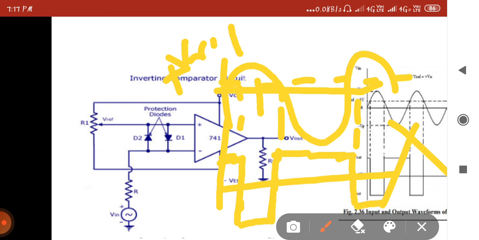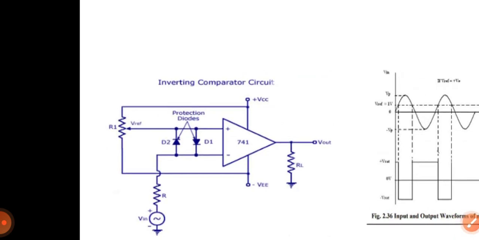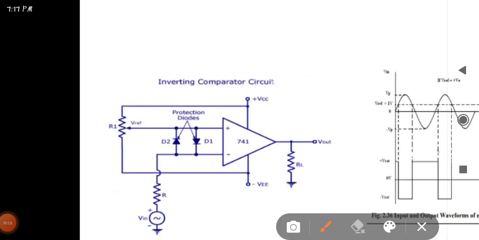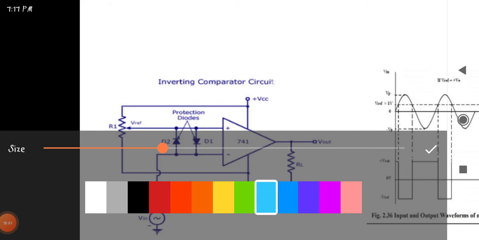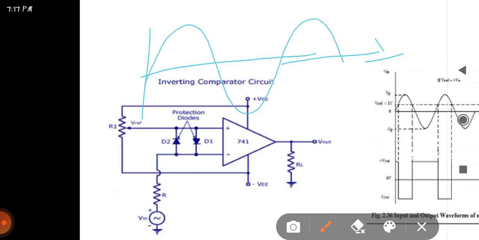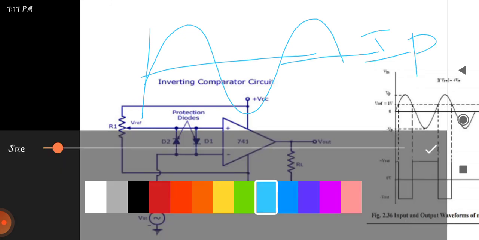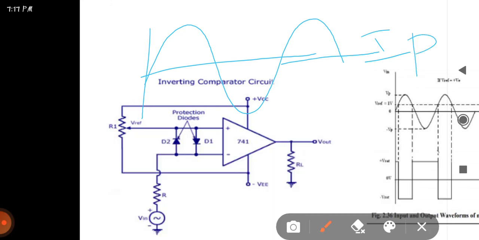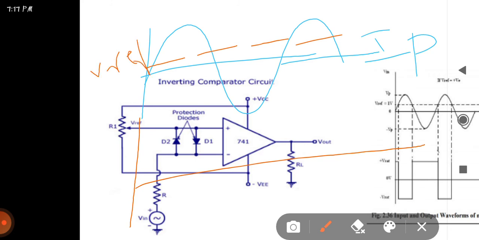Once again I want to draw it. This is the input. This is the V reference plus. It is inverting, which means it is reversed.